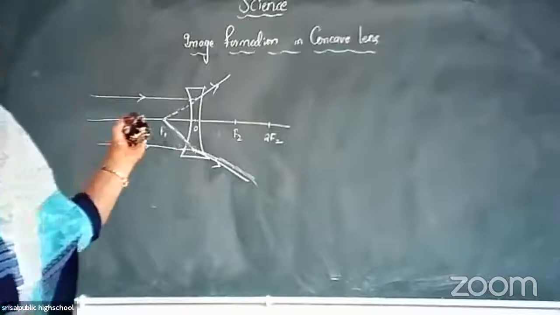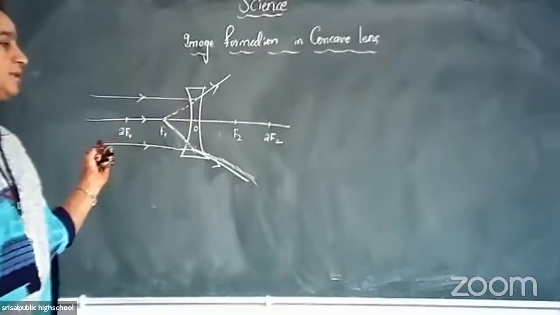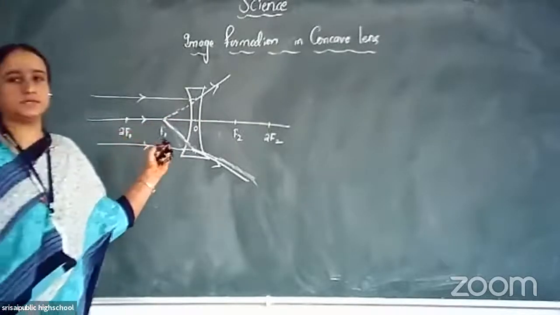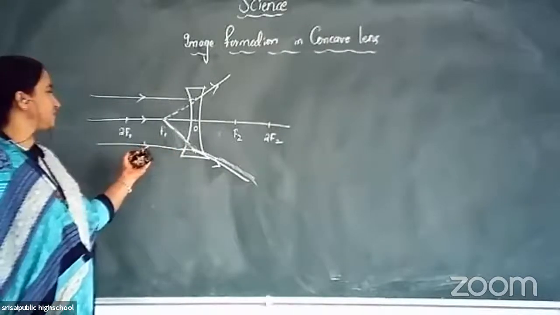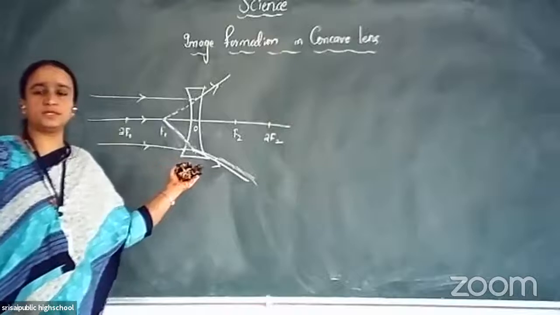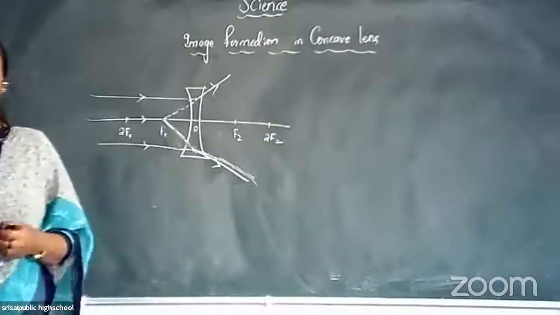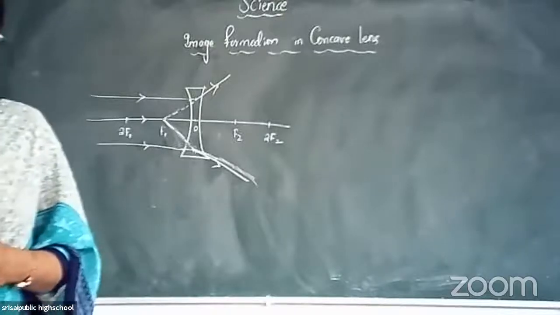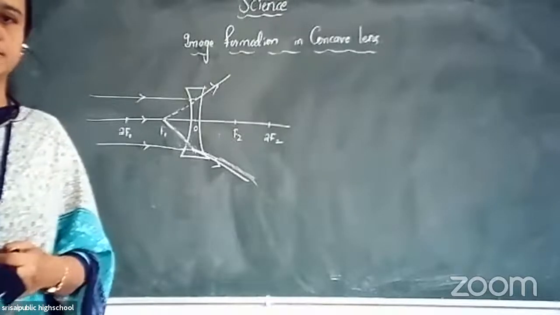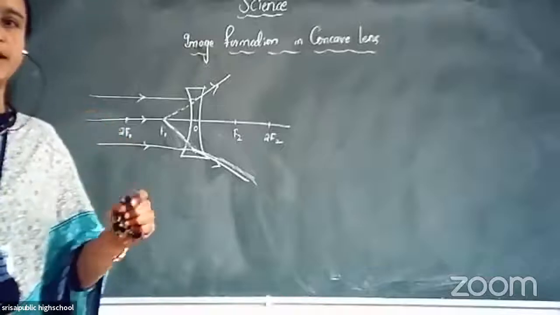Now, what is the nature? I told you to observe the tabular column. How is the nature of the image in concave lenses? Virtual and erect. It is always virtual and erect.